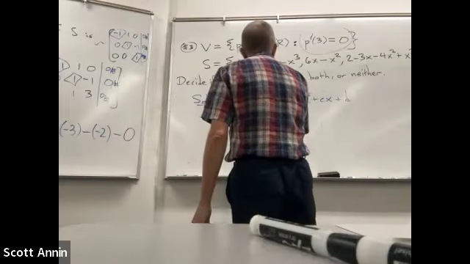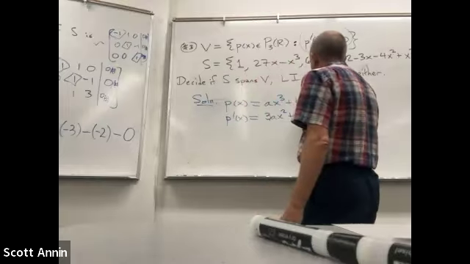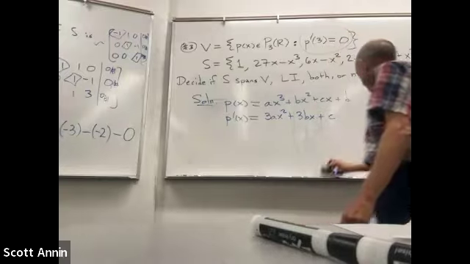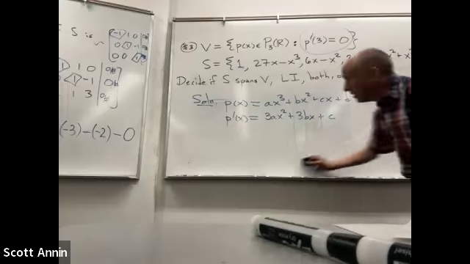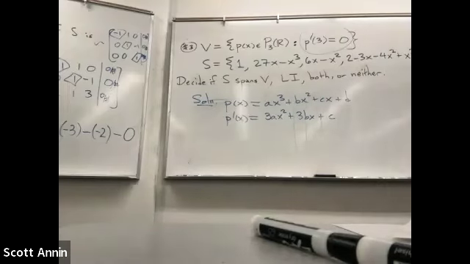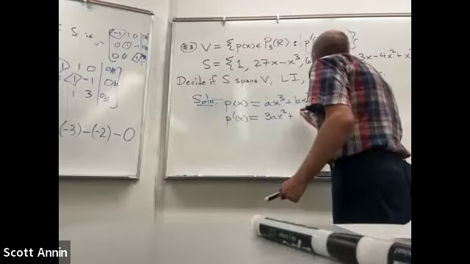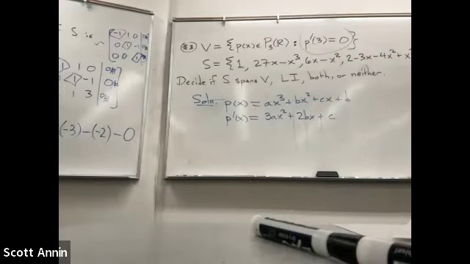The derivative of ax cubed plus bx squared plus cx plus d is 3ax squared plus 2bx plus c. That's my derivative.